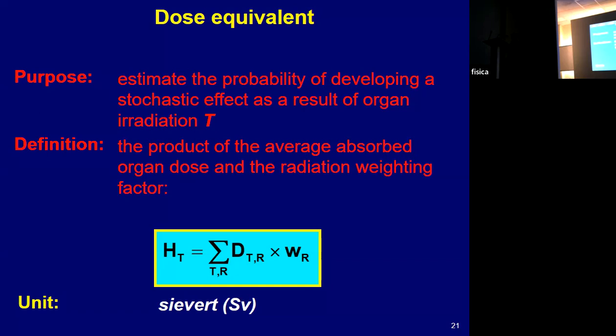The product of the absorbed dose in an organ or tissue and the weighting factor for a given type of radiation is called the equivalent dose.